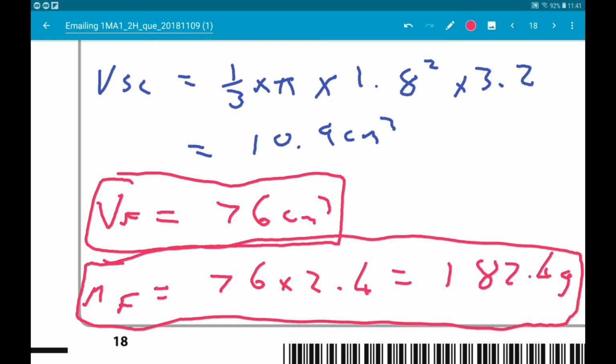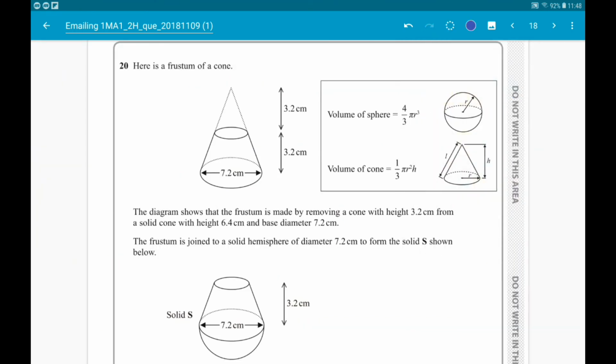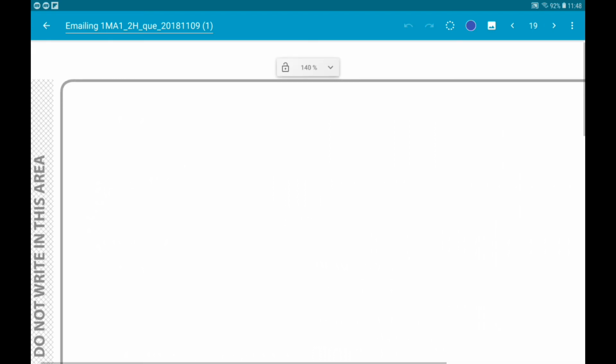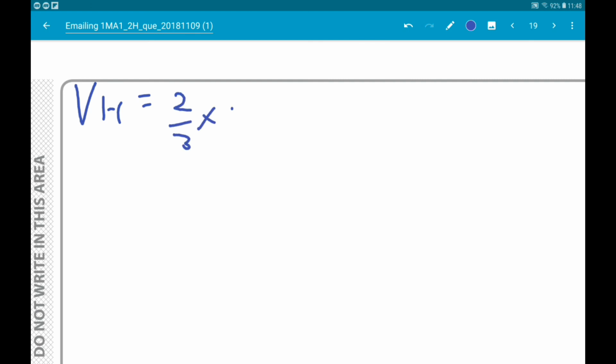Alright, so now we need to do the same thing with the hemisphere. Okay then, the hemisphere is half a sphere, so the volume is 2/3 pi r cubed. So the volume of the hemisphere is 2/3 times pi times the radius cubed.